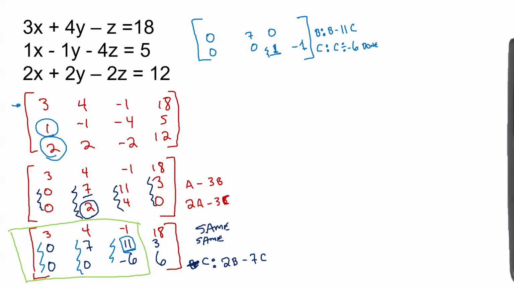Now I got to be careful here. I kind of cheated when I did these because I marked it here and here, but we're really using this number and this number and the 7 and the 0 over here. Okay, so watch out. This time I got to use the 3 and go 11 times the negative 1.